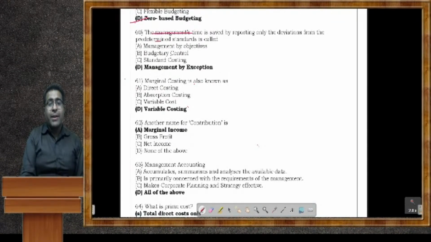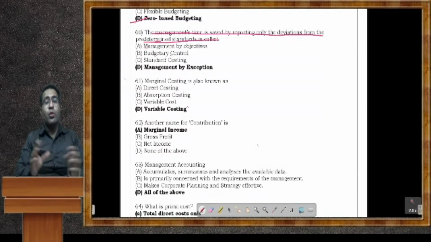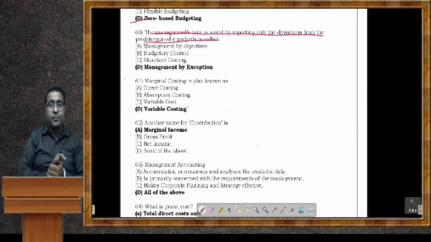The management's time is saved by reporting only the deviation from the predetermined standard is called what? When management wants to save their time, then it is a topic of management. There are different types of objectives, like management by objectives, which means setting the objectives prior to doing anything, for setting these standards.